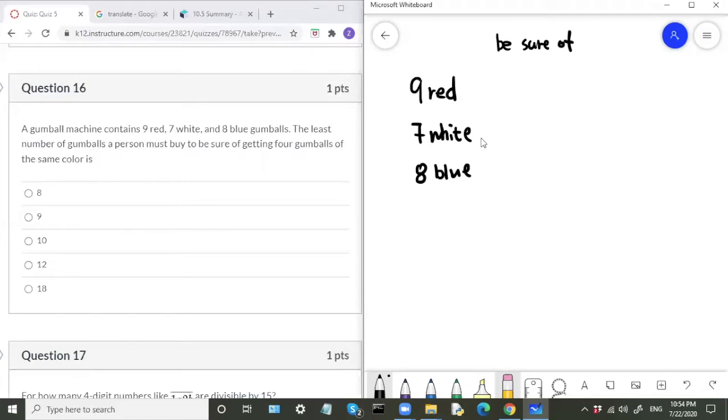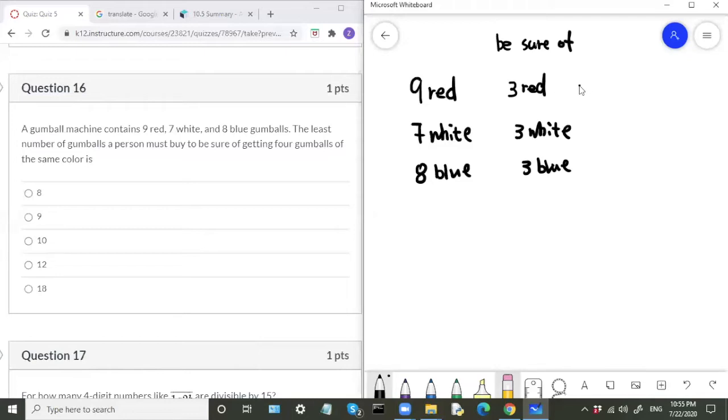So in order to be sure of getting 4 gumballs of the same color, let's buy 1 less than 4, which is 3 gumballs from each color. So 3 red, 3 white, and 3 blue. If we buy one more gumball, no matter what color, it will make 4 gumballs of the same color.